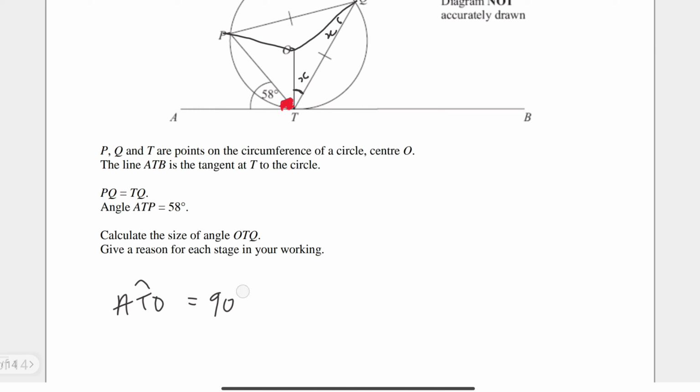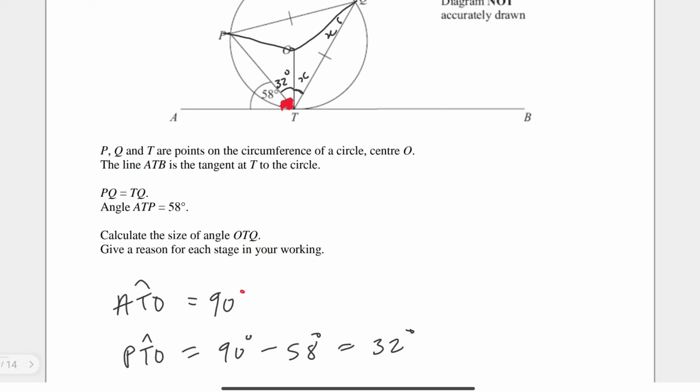So if that is 90 degrees, that implies that PTO is going to be equal to 90 minus 58 degrees, and that will be equal to 32 degrees. So this angle right here is 32 degrees.